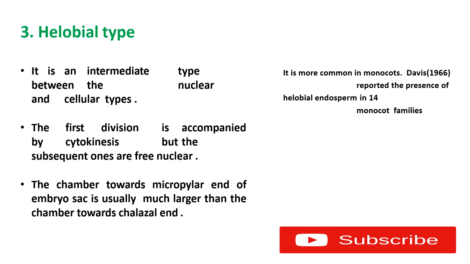One of the cells, towards the micropylar end, is larger, and the second cell, towards the chalazial end, is smaller. The helobial type of endosperm is more common in monocots, and is reported in about 14 monocot families.